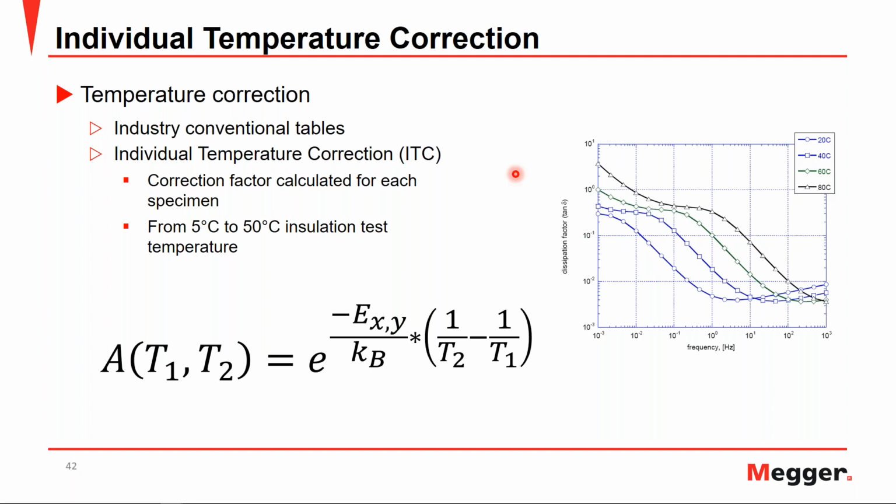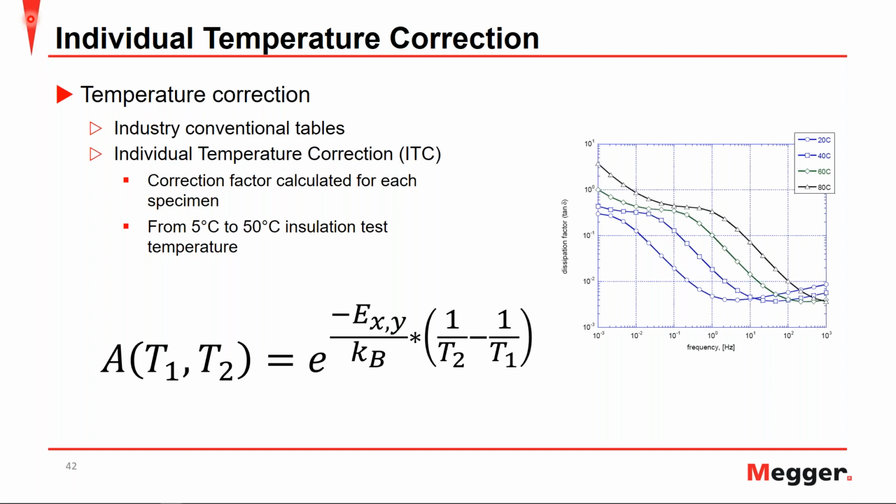We already know by performing the narrowband dielectric frequency response that we have dissipation factor measurements across a range of frequencies. And since temperature just causes a shift in the frequency, that shift allows us to make a correction for temperature. So it's just a matter of going between the frequency and temperature domain.